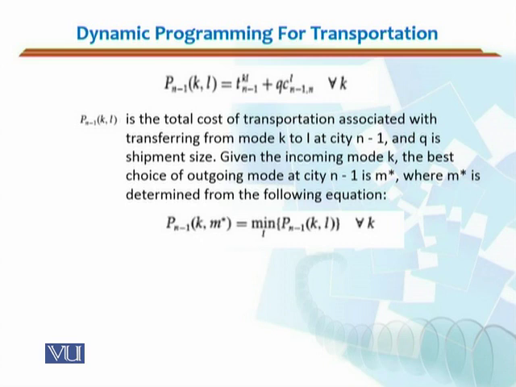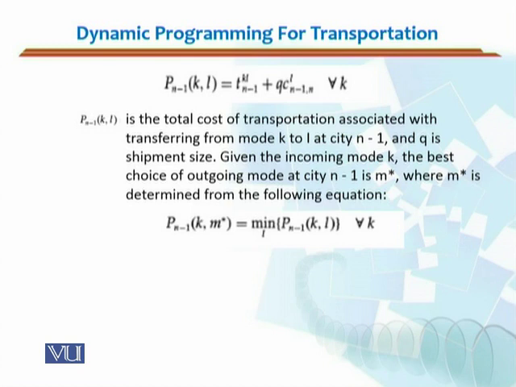This is the transfer cost from the previous stage. Stage in this case would be our city, plus the shipment cost, that is shipment size Q, into the cost of transportation, that is C, from city N-1 to city N using some transportation mode L for all K.